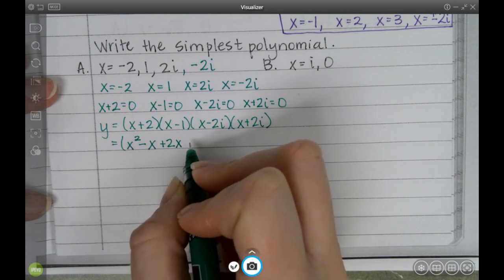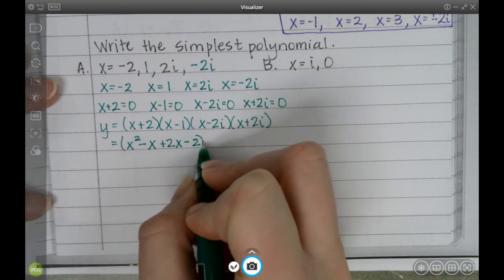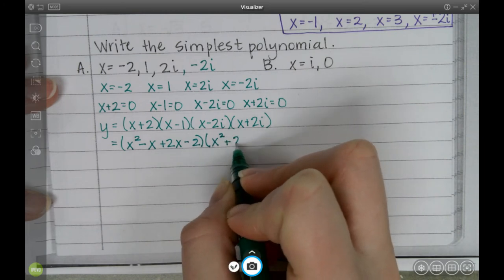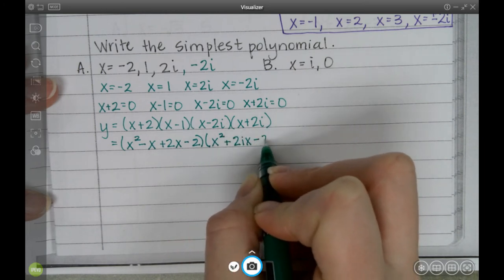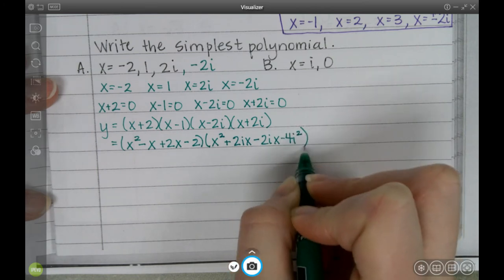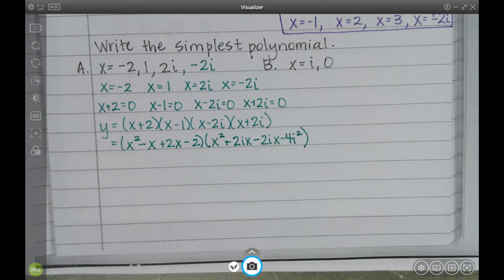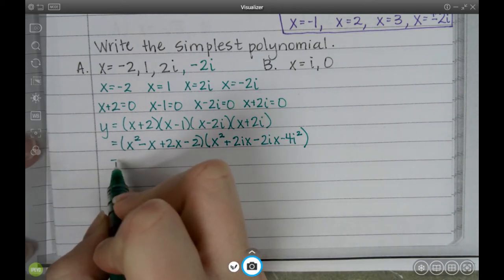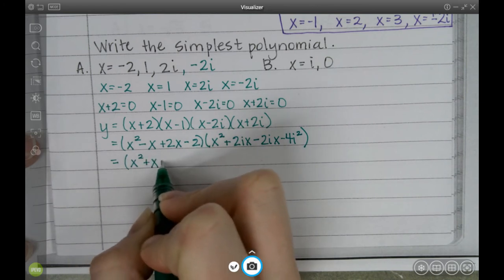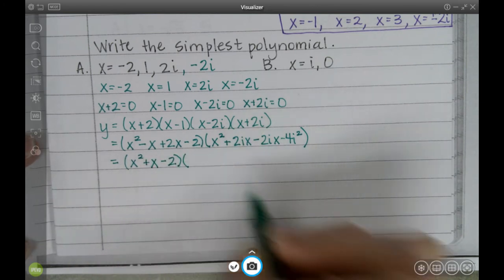x squared minus x plus 2x minus 2. And x squared plus 2ix minus 2ix minus 4i squared. So we get x squared plus x minus 2.